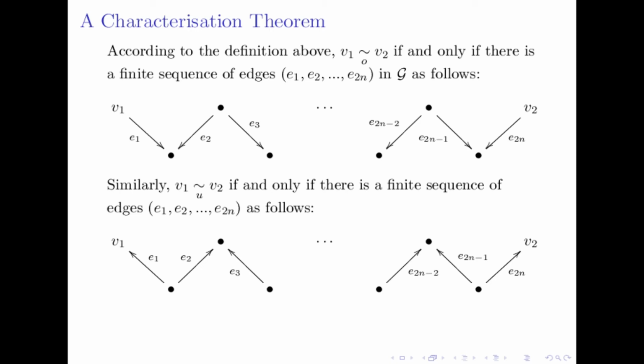Take the transitive closure, I mean basically V1 is related to that guy is related to the next one, etc. And if you have a chain like that, you have V1 overlyingly related to V2. And similarly, the underlying relation is just the dual graph. V1 is related to V2 with tilde lower u if you have this sort of graph.